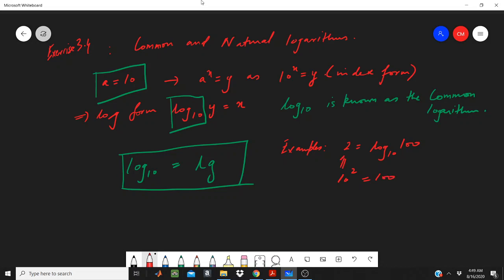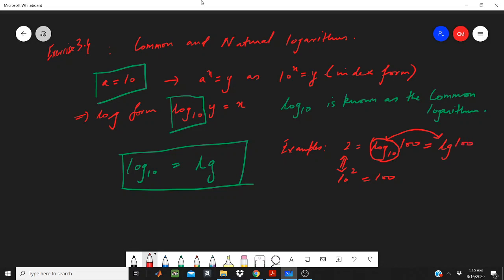And you can write this in either form, index form or log form. So you can shorten this by writing LG in place of log 10. So log 10 becomes LG. Also write it backwards, LG 100.